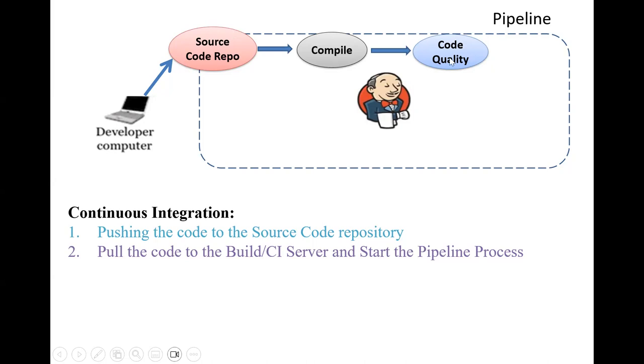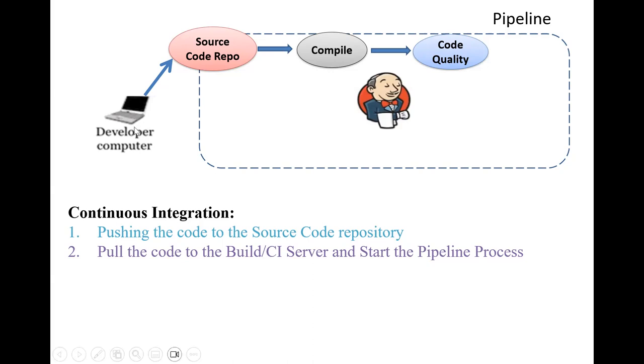So immediately this code quality tool is going to catch any security-related violations, or if the developer is not following the standards, it will be caught here. After catching those errors, it will send a mail to the developer.